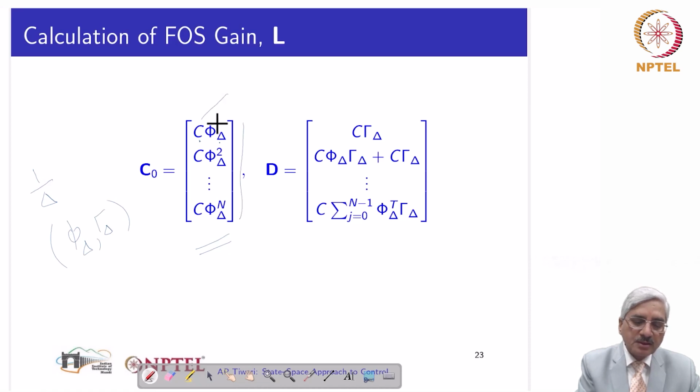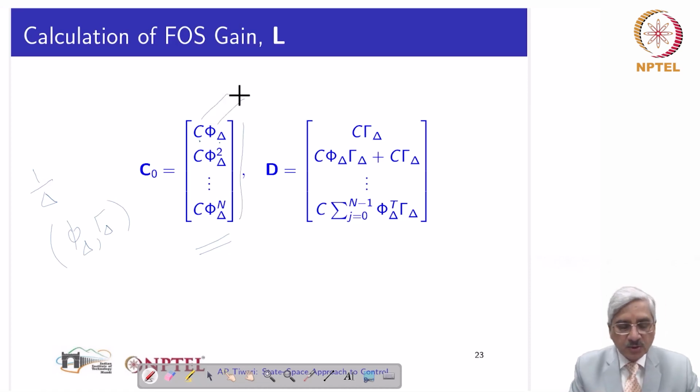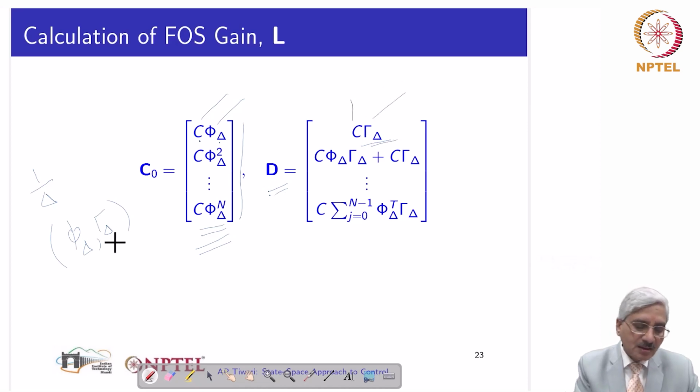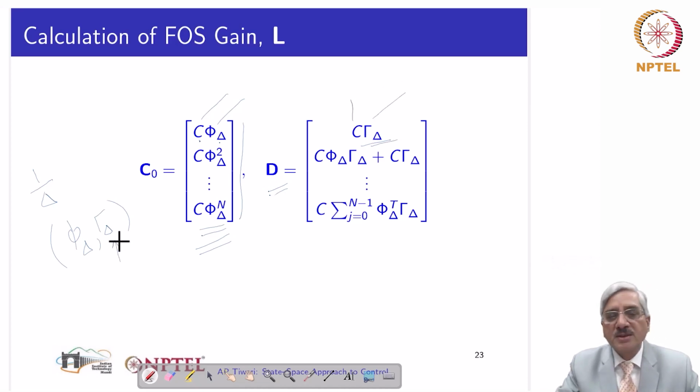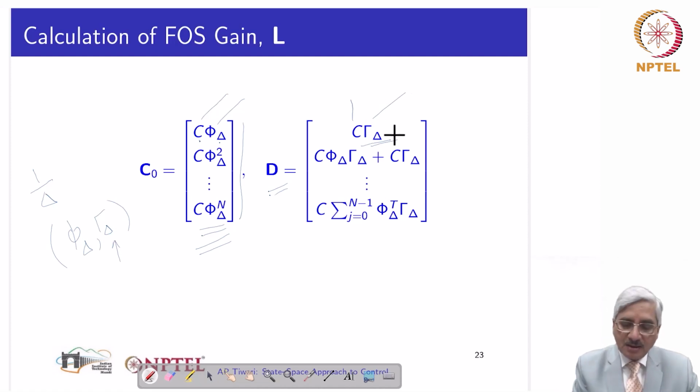C is the output matrix, phi delta is the system matrix. So C into phi delta, C into phi delta square, and so on, C into phi delta power n. And D is C gamma delta. Again, C is the output matrix and gamma delta is the input matrix for the system sampled at the rate 1 by delta. So C gamma delta. Then the next one is C phi delta gamma delta plus C gamma delta.